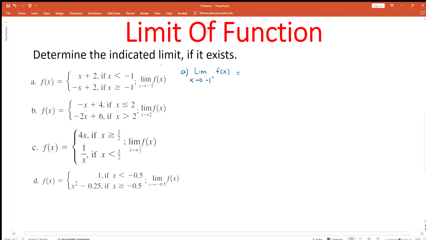Since we are approaching -1 from the left side, we should use the function equation as x plus 2. We can evaluate this left-hand limit by subbing in x as -1. I get 1.